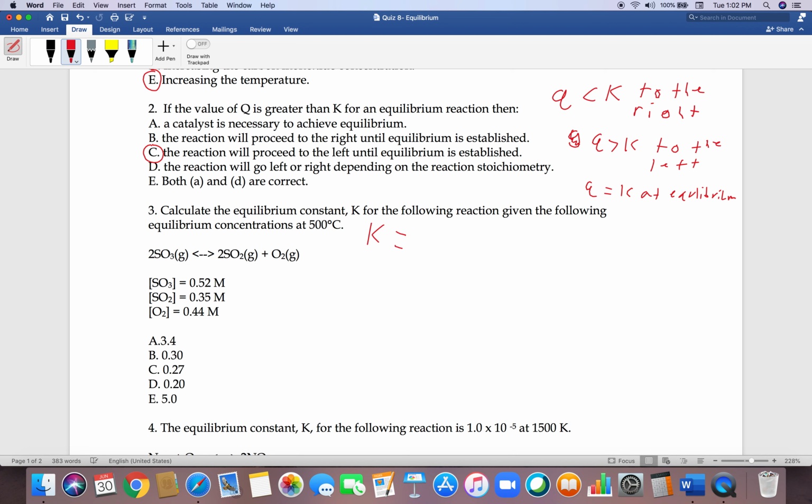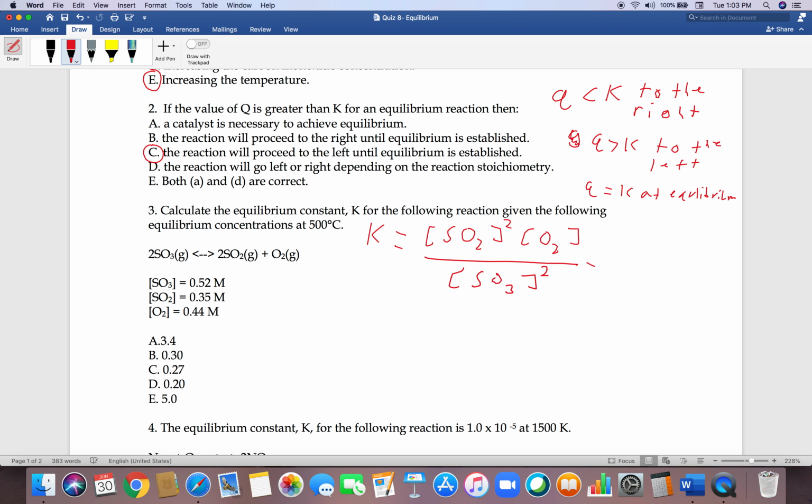So our products here are sulfur dioxide. Now you've got to be careful with the coefficients here. We have 2 sulfur dioxide, so this quantity is going to be squared. And we have oxygen gas, and that's going to be divided by our reactants, which is sulfur trioxide, but we also have 2 of those as well. So that's going to be squared.